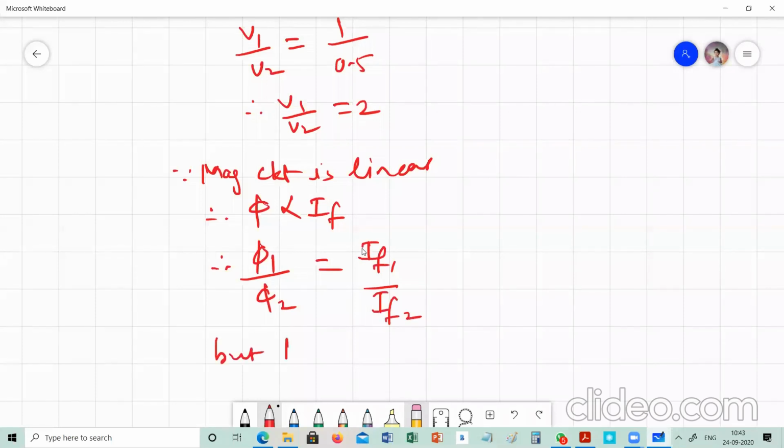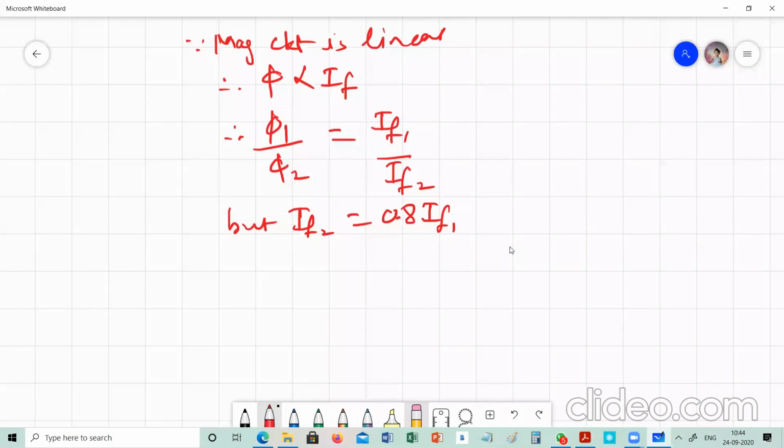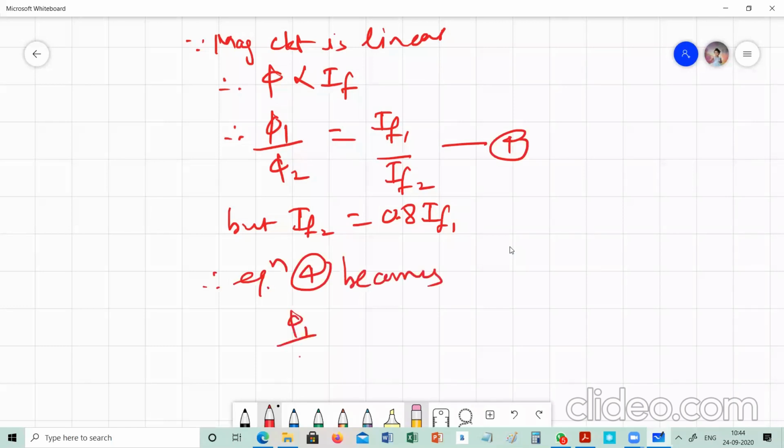But IF2 is equal to 0.8 into IF1. So this becomes equation number 4: phi1 by phi2 is equal to IF1 divided by 0.8 into IF1.